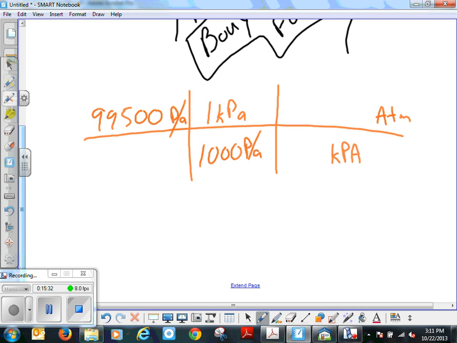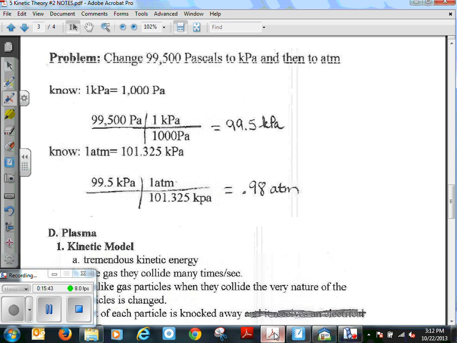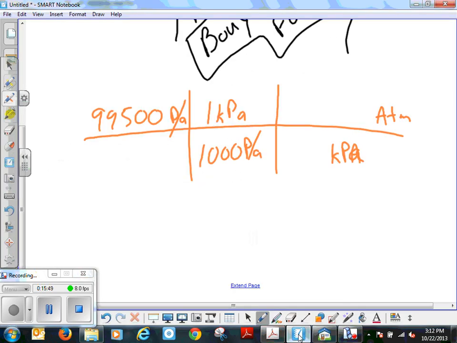Now we need to look at our relationship from kilopascals to atmospheres. That was in the notes. It said 101.325 kilopascals equals 1 atmosphere. Okay, so now we can see that we have factored out all the labels.